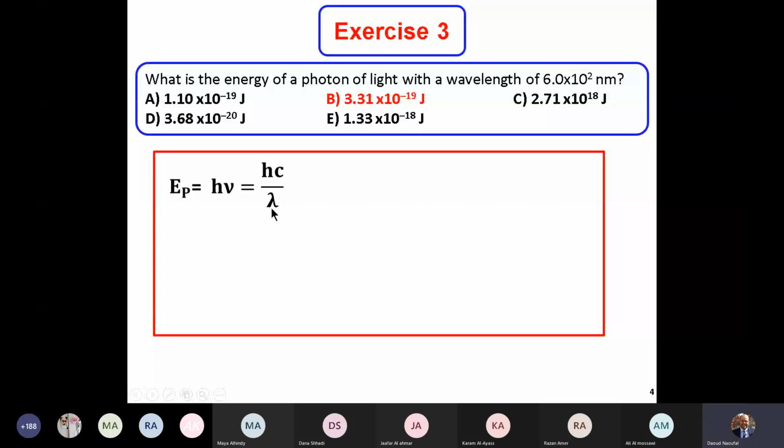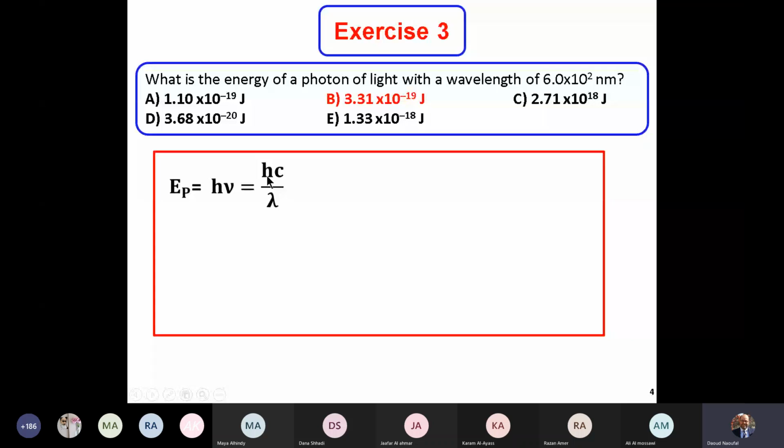We have to pay attention to how to use these terms.